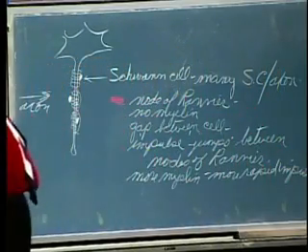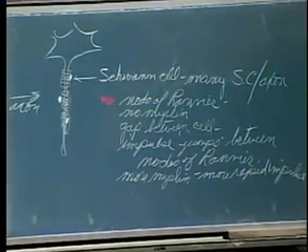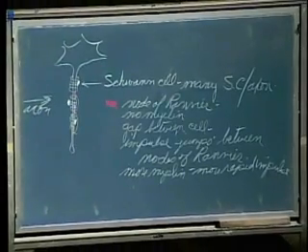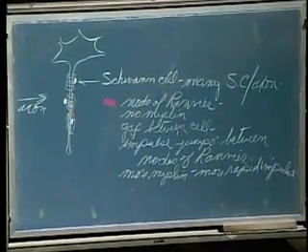Now with the oligo, one oligo can myelinate many fibers. Quite a different picture. So the other formation of myelin comes from oligodendrocytes.